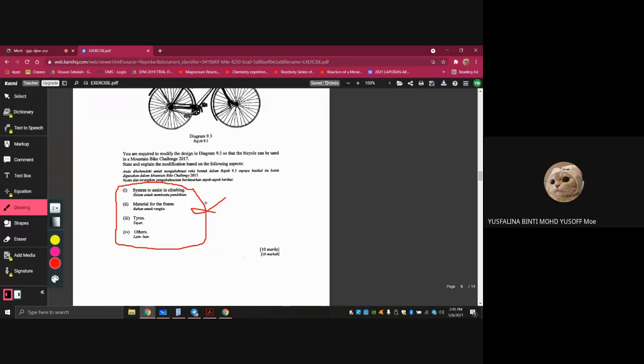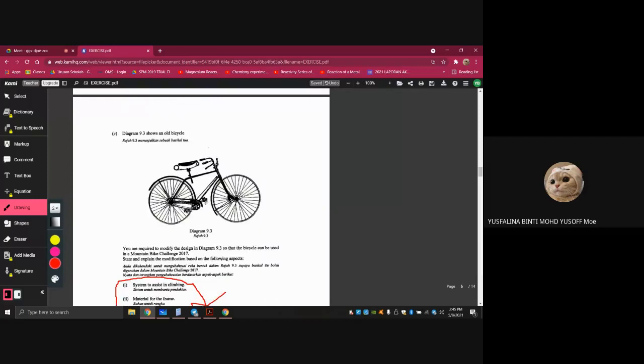For this one, since you just begin at a beginner's level, I will provide the characteristics that you need to do. For this question, please answer in a table. Because when I did the test with the 4M, only half of you answered it in a table, even though I already told you.